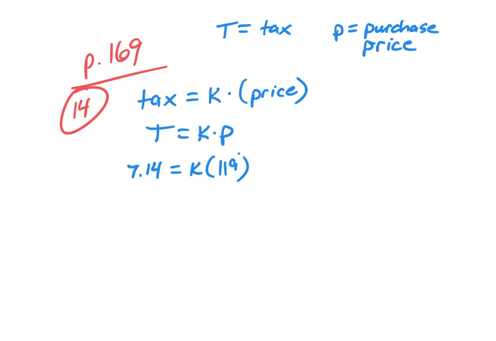So to get K by itself, we're going to divide by 119. So $7.14 divided by 119. What's that give us? We got the calculator out, unless anybody wants to do that in their head this Monday morning.